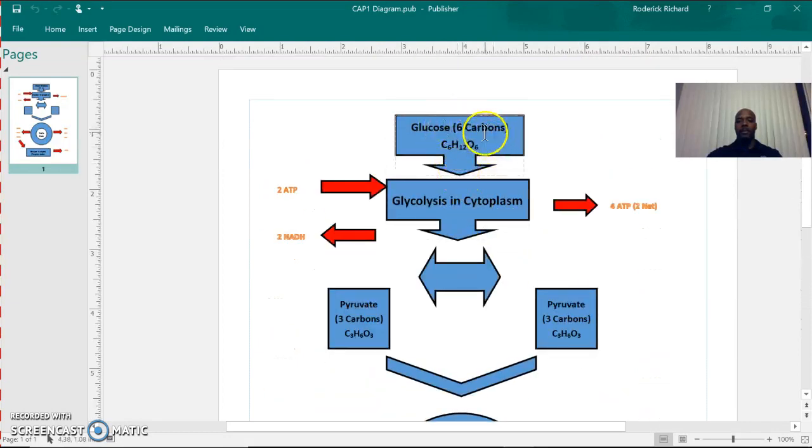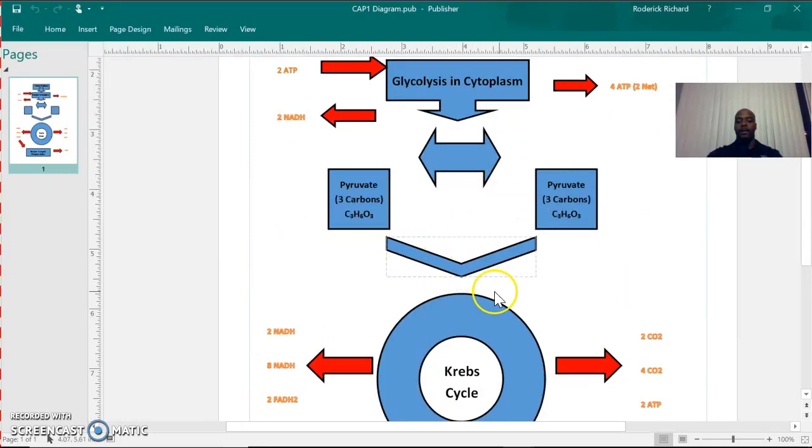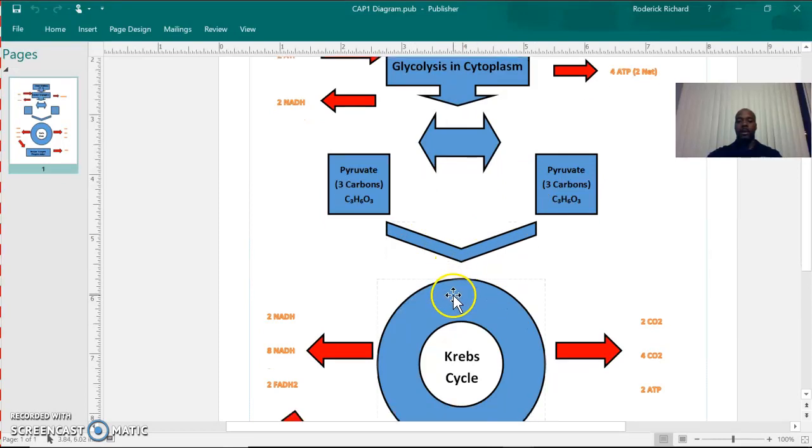Again, glucose through glycolysis in the cytoplasm is broken down into two pyruvic acid compounds. That it turns into acetyl coenzyme A, sent into the Krebs cycle.